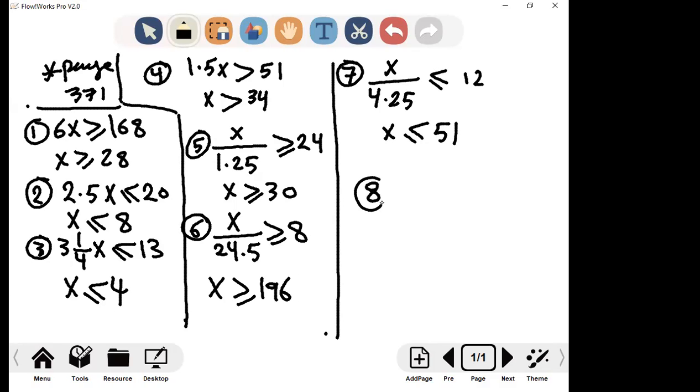And the question 8, the last one, x divided by 15.5 more than 6, which means x more than 93. These are the answers. Please check your answers.